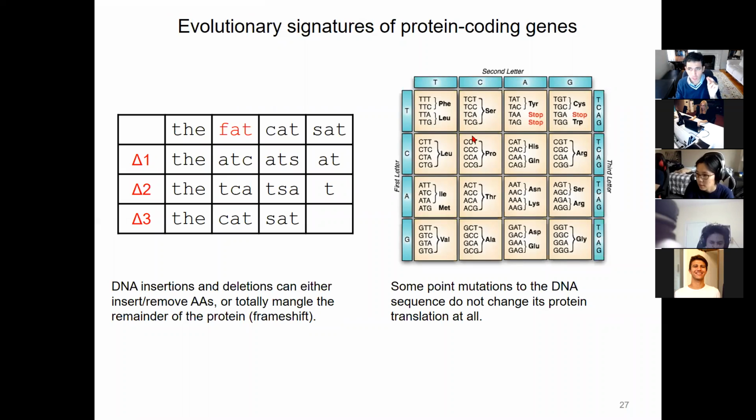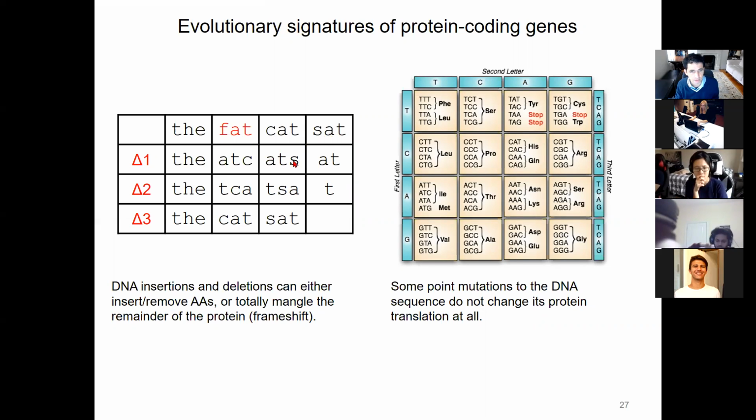Okay, so as I mentioned earlier, the frame shifting signature comes from the fact that if you delete an entire codon, for example, the fat cat sat, if you delete that entire codon, the cat sat is still interpretable. But if you delete either one nucleotide, like the F here, that shifts the reading frame of translation of all the subsequent nucleotides and all the subsequent codons.